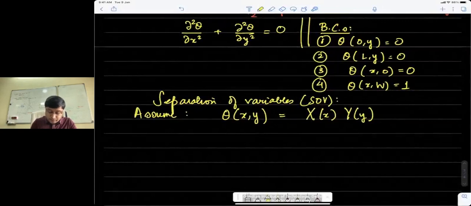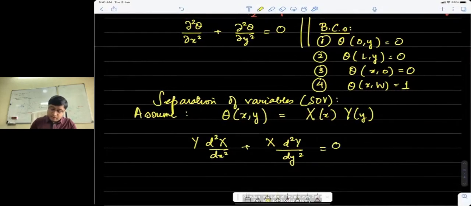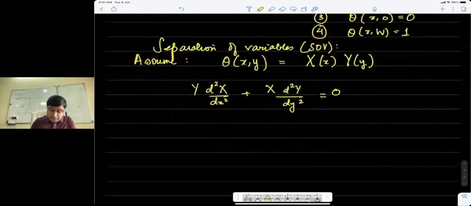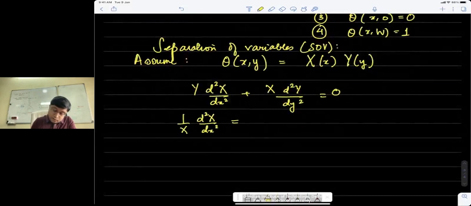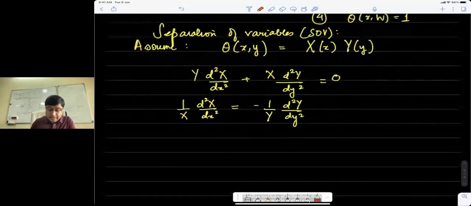So we'll have Y times d2X dx square, plus X times d2Y dy square, to be 0. I can then rearrange and write this as 1 by X d2X dx square to be equal to minus 1 by Y d2Y dy square.